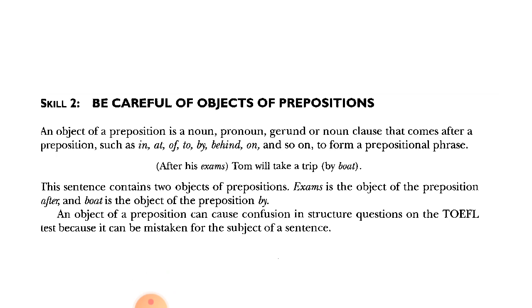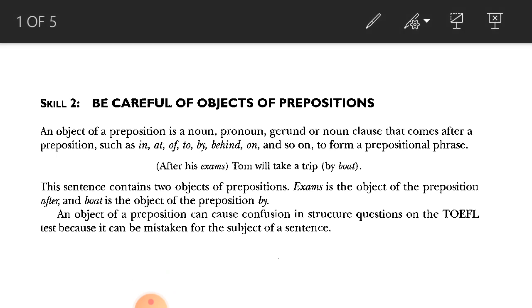So, in order to form a prepositional phrase, we need two elements. Check this example to know much more about the prepositional phrase. After his exam, Tom will take a trip by boat. This example has two prepositional phrases. The first one, after his exam, the second one, by boat.